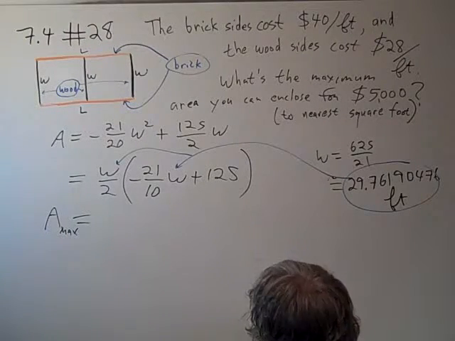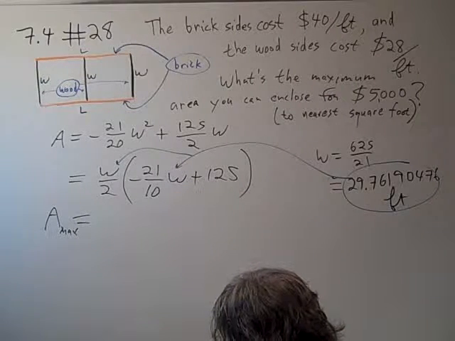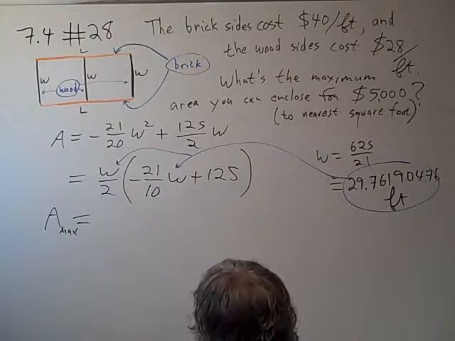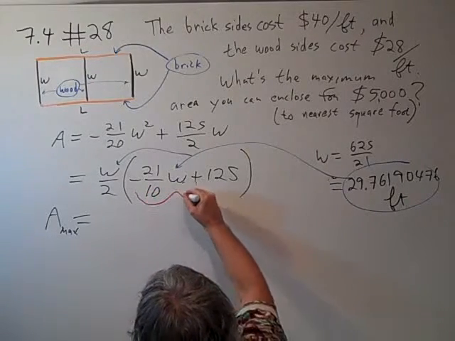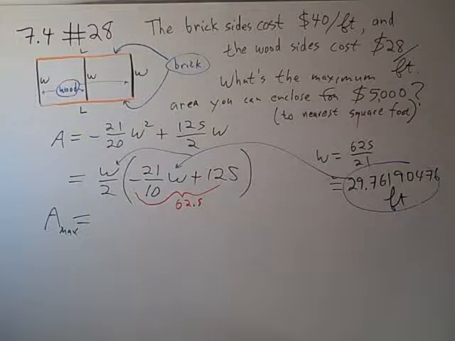The negative of that, that's 62.5 by the way, plus 125. So that times W divided by 2 will be our answer.